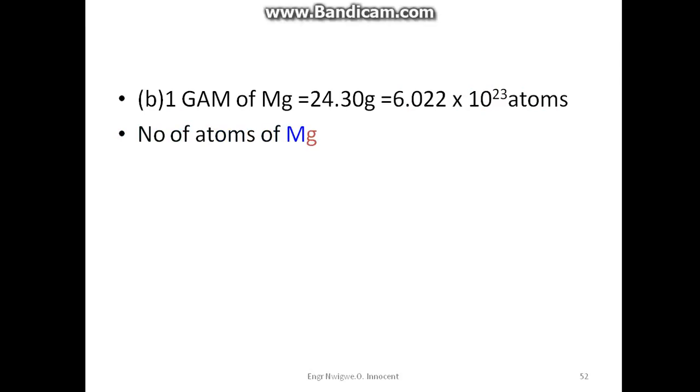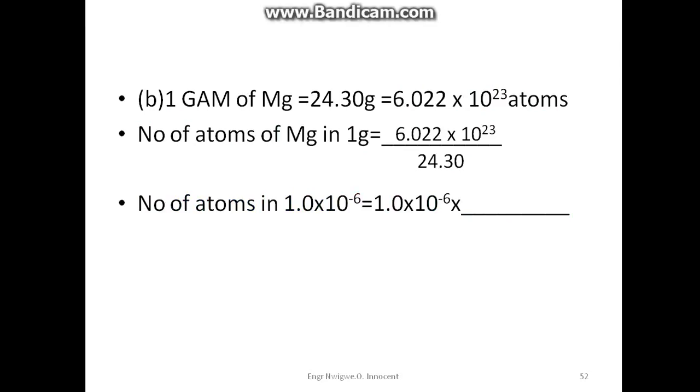Number of atoms of magnesium in 1 kilogram is equal to 6.022 times 10 raised to power 23 all over 24.30. Number of atoms in 1.0 times 10 raised to power minus 6 is now equal to 1.0 times 10 raised to power minus 6 times 6.022 times 10 raised to power 23 all over 24.30. Then the answer will become 2.5 times 10 raised to power 16 atoms.